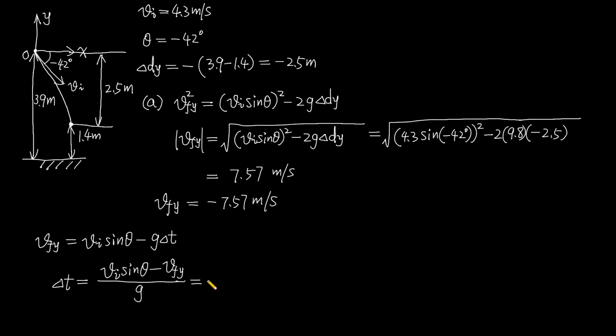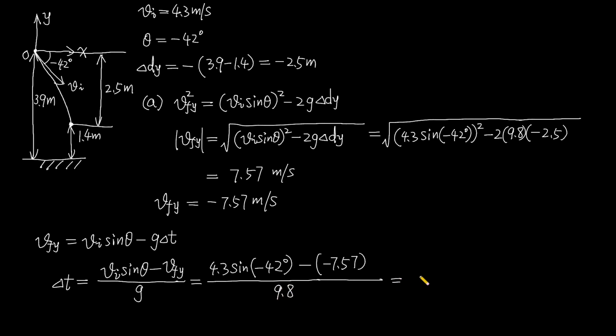And this equals the initial velocity 4.3 multiplied by sine theta, where theta is negative 42 degrees, then minus the final vertical velocity, negative 7.57 meters per second, over the acceleration 9.8.